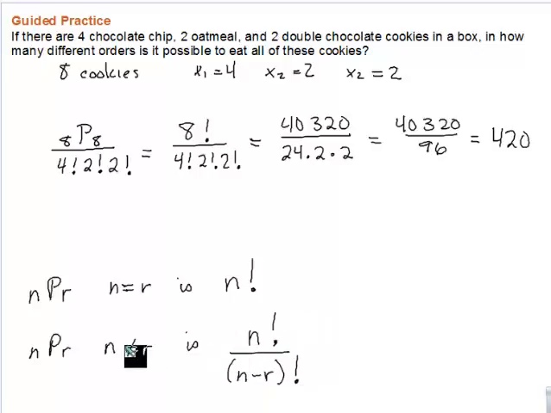Because these both matched, we just did 8 factorial, which is 8 times 7 times 6 times 5 times 4 times 3 times 2 times 1 technically, but really the times 1 doesn't matter. So that's the calculations there.